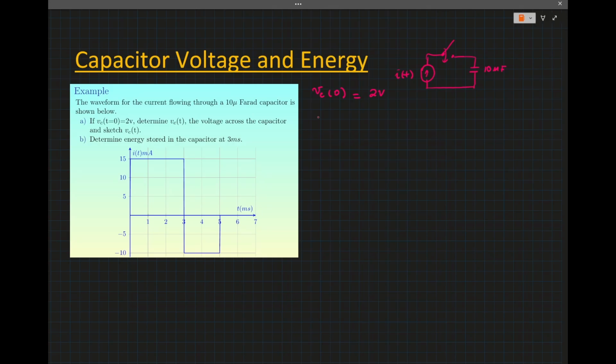For question A, we're asked to find VC of t and sketch VC of t. We know that the current IC is C dVC/dt. So this implies that dVC/dt equals 1 over C times IC of t.